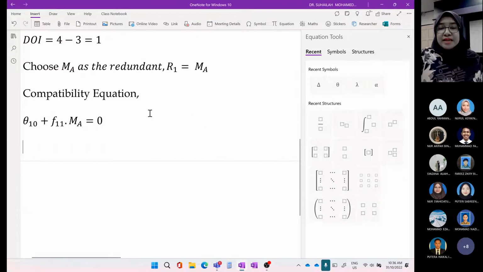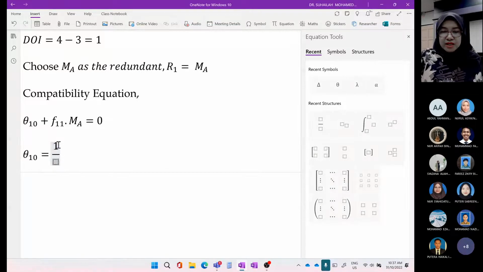And by looking at this, there are 2 displacements. It is theta 1 knot equal to, because this is a frame, we integrate the moment equation.